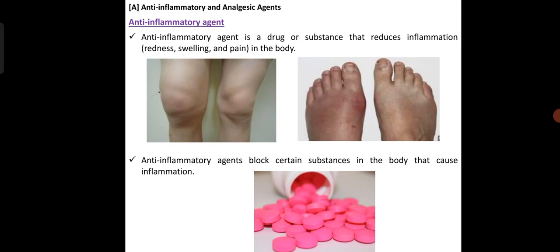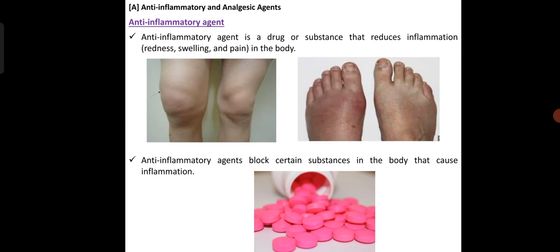So students, we first start with anti-inflammatory and analgesic agents. First, what does anti-inflammatory agent mean? It is a substance that reduces inflammation.